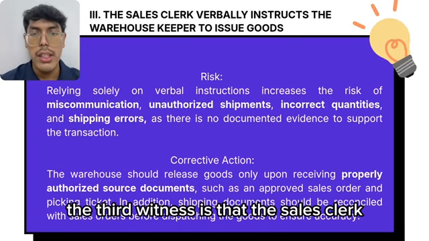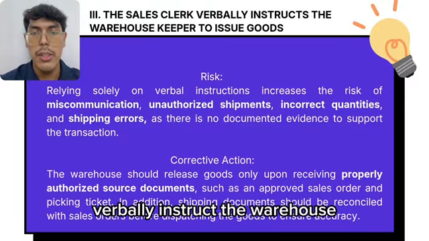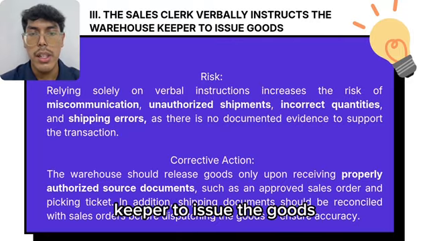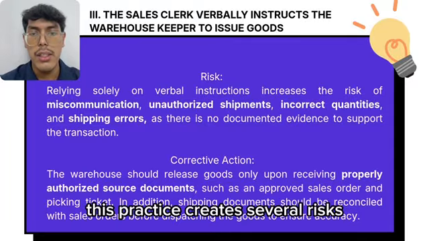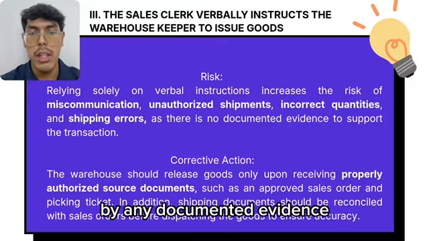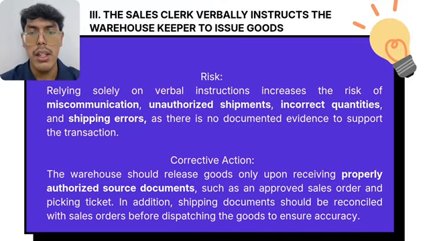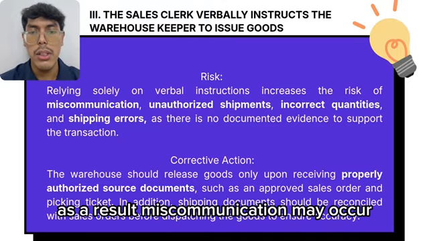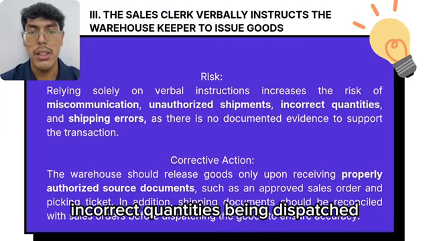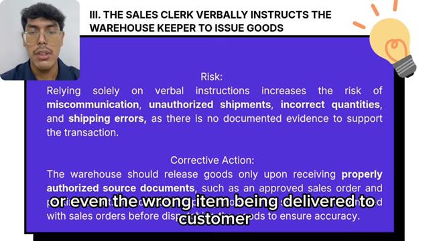The third weakness is that the sales clerk verbally instructs the warehouse shipper to issue the goods. This practice creates several risks because verbal instructions are not supported by any documented evidence. As a result, miscommunication may occur, leading to unauthorized shipments, incorrect quantities being dispatched, or even the wrong item being delivered to customers.